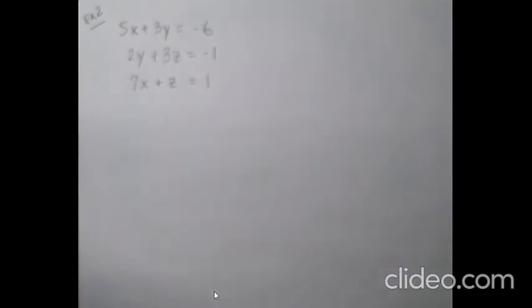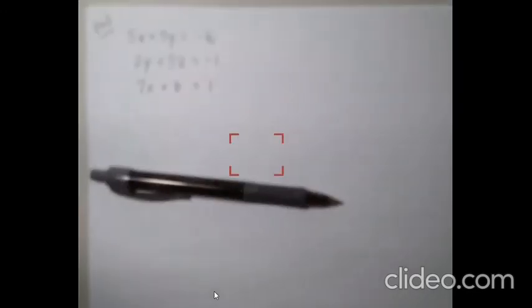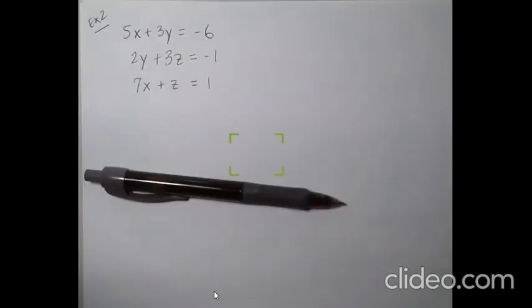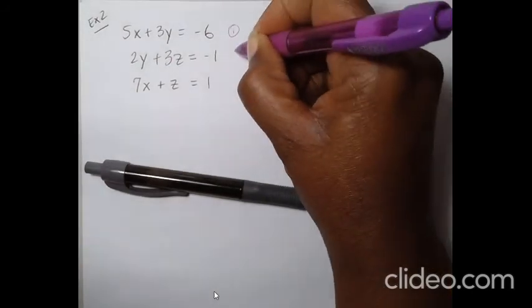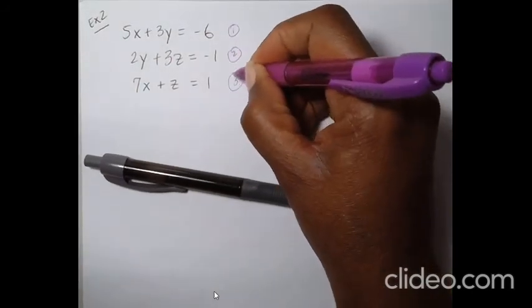When you have all of these and you're trying to figure out which equation to work with, I'm going to give these the numbers again like I did the other ones: equation 1, equation 2, and equation 3.